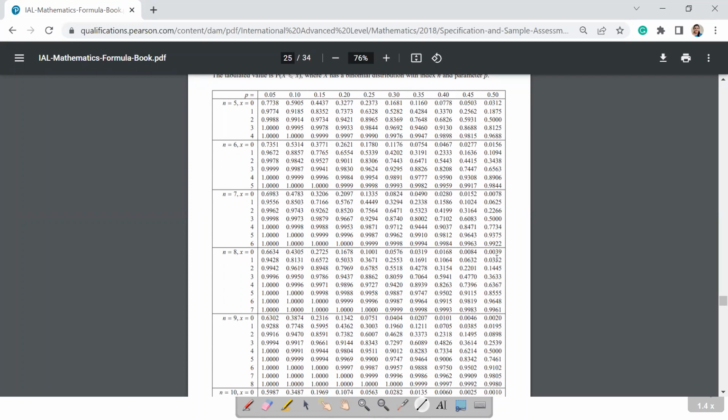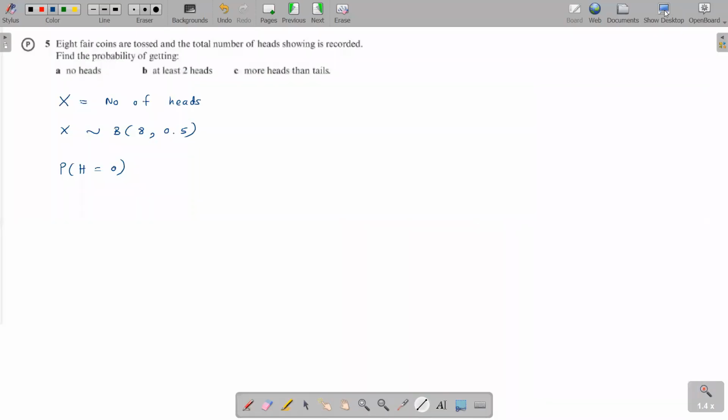What's the answer? 0.0039. Can you see? So the answer here is 0.0039.